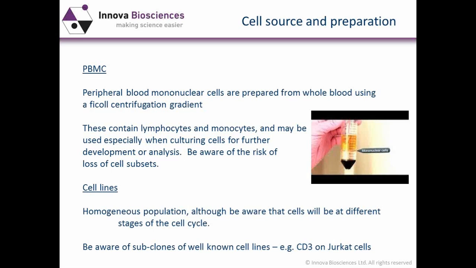So for instance, the well-known T lymphocyte cell line Jurkat has a number of different subclones, some of which express CD3 quite strongly, some of which express CD3 very weakly indeed. So although you may expect a certain result, be aware of the provenance of the cell line that you're using.